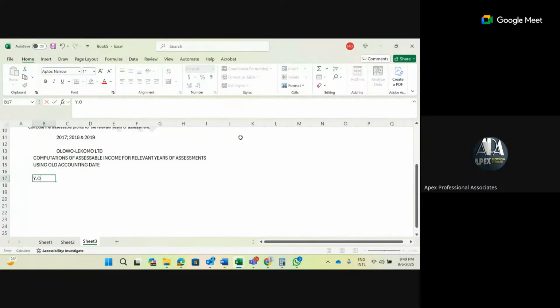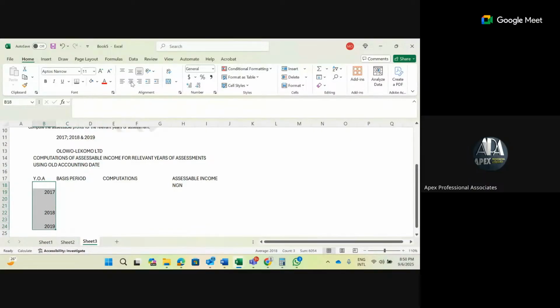I'm going to have my YOA, year of assessment, my basis period, my computations, and definitely there's going to be computations, and my assessable income in Naira. Very important. We have gotten the 3 years of assessment. The first one is 2017, the next is 2018, and the third is 2019.